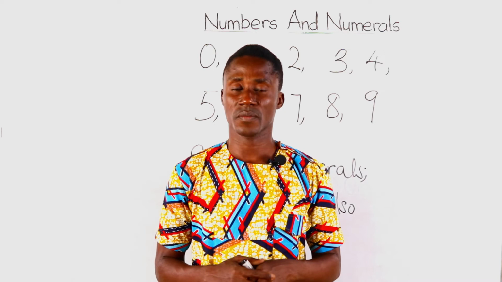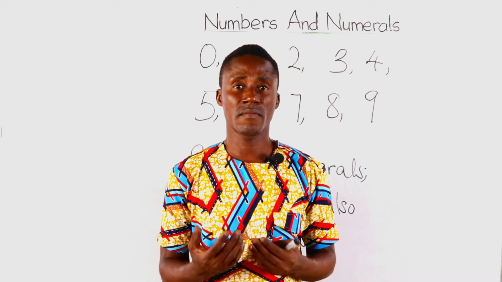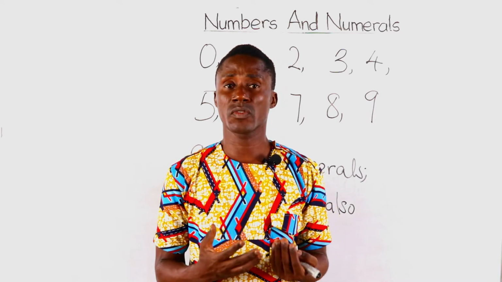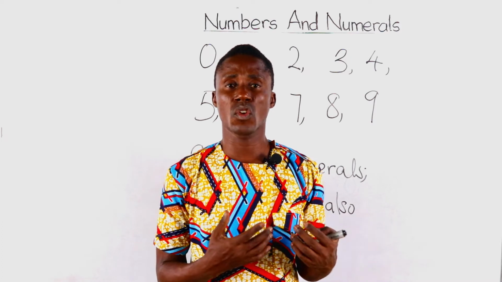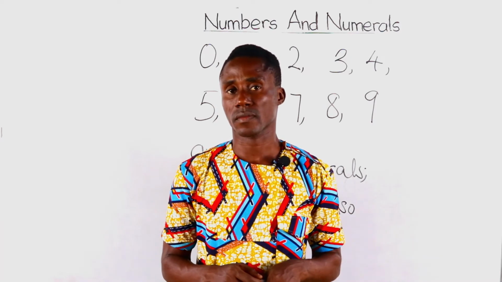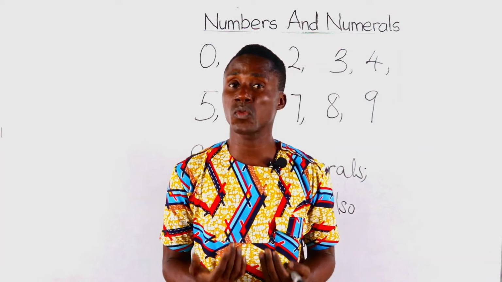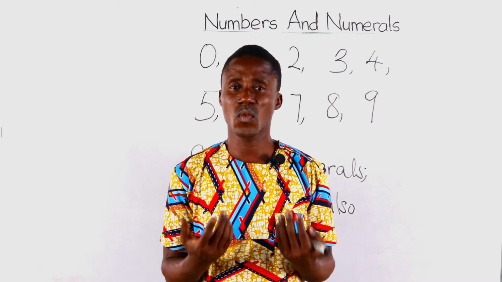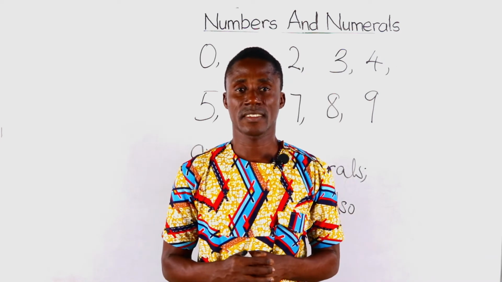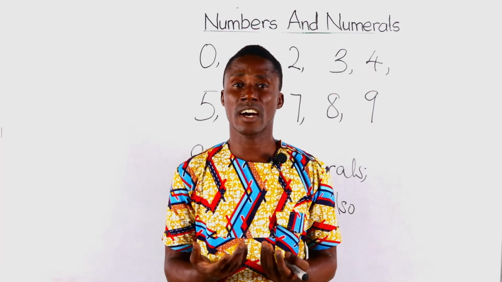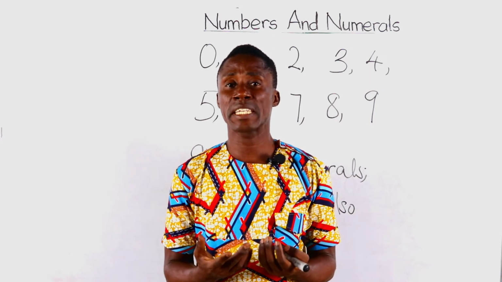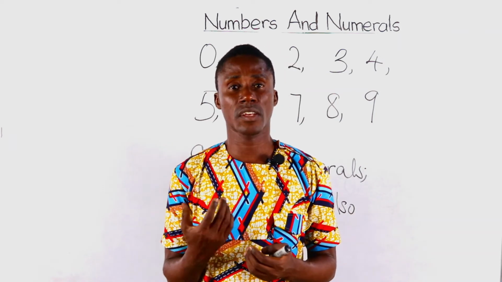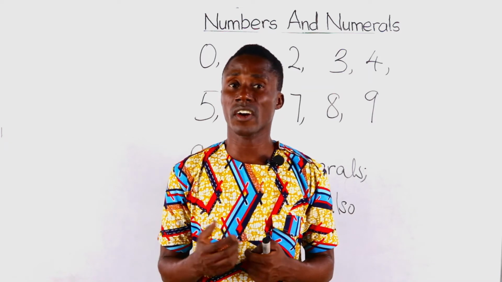Or counting is the method, or the way, of knowing how many things there are. And we said after we count, we get a result that we call a number. So what is a number? A number tells us how many things there are.